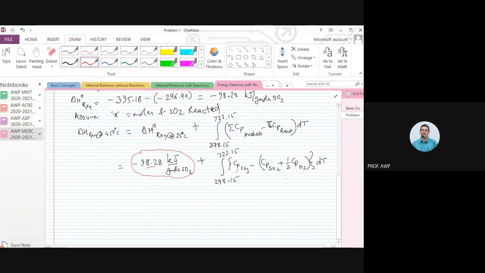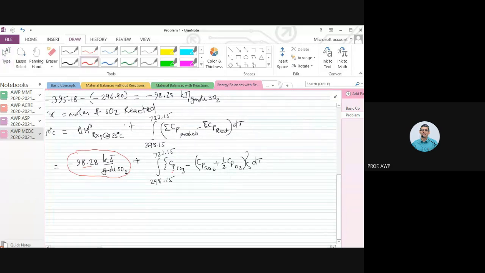How do you convert from calories to kilojoules? Sir, multiply by 4.18. Correct. Calories multiplied by 4.18 will give us joules. It is Kelvin, sir, the difference between centigrade and Kelvin is only one. No, this is calories per gram mole.